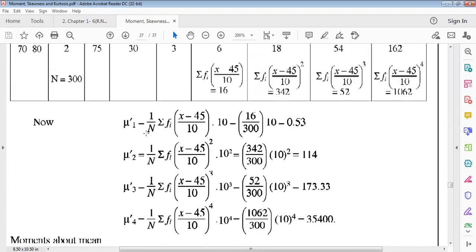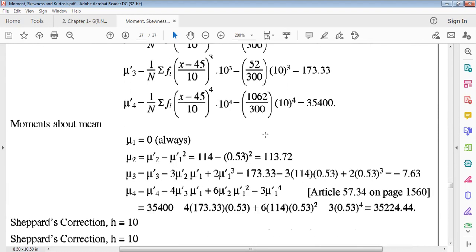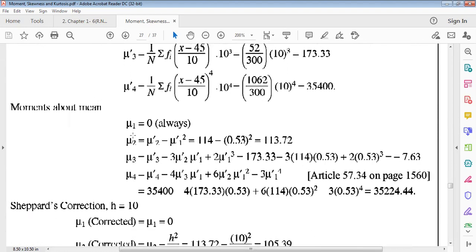Okay, so first raw moment, second raw moment, third raw moment, fourth raw moment, we will find using the same formula of the previous example. So we get these values of the first 4 raw moments. Now 10 is the length of the class interval. Now, moments about the mean, how to calculate? The first corrected moment will always be 0, remember it.